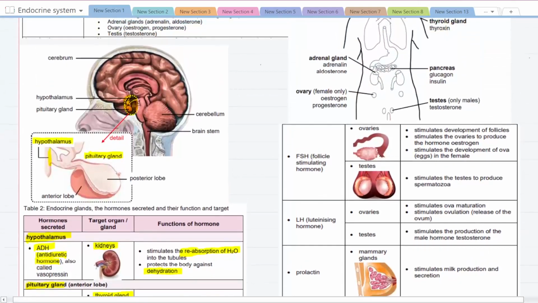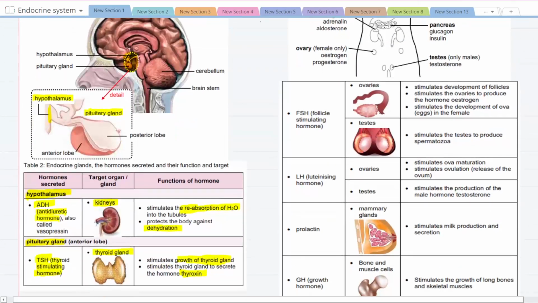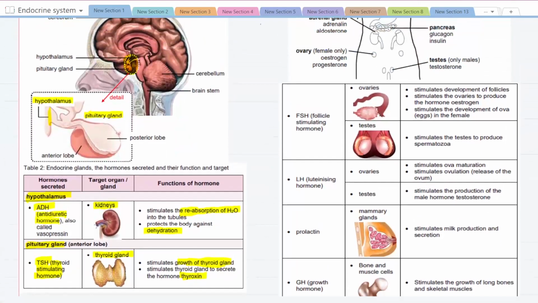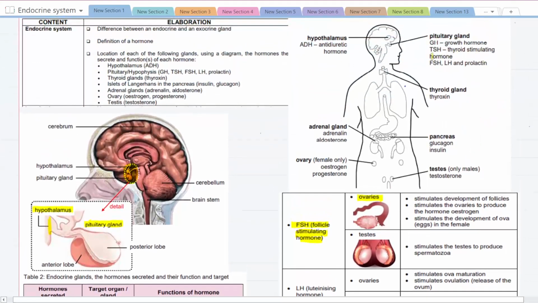It stimulates the thyroid gland to secrete thyroxine, and thyroxine will therefore play a role in the metabolic rate in your body. Then we go to still under pituitary gland, your FSH, follicle stimulating hormone. You learned that FSH will target the ovaries. It will be transported through the blood to your ovaries, from the pituitary gland straight to the ovaries over there.